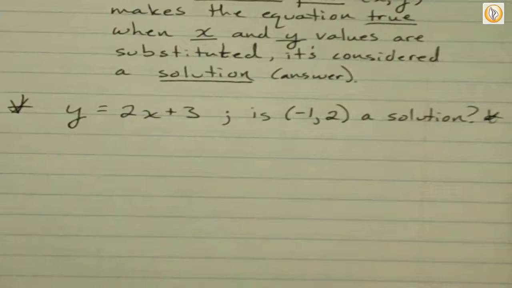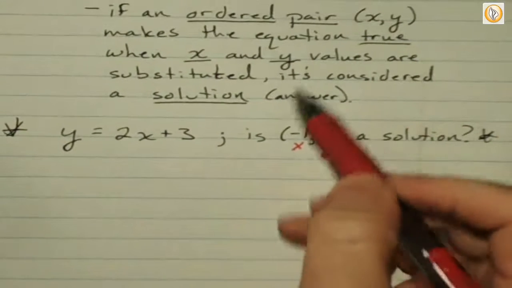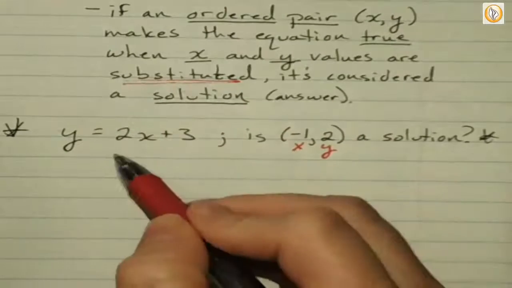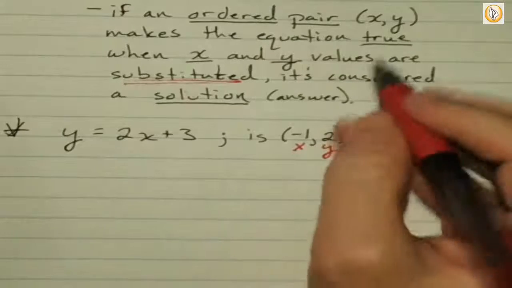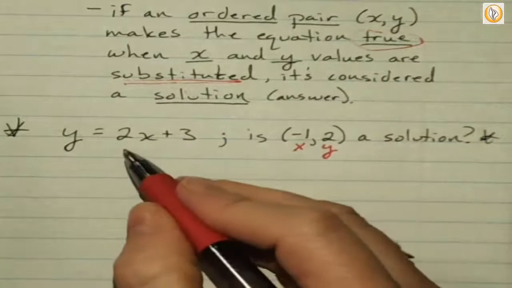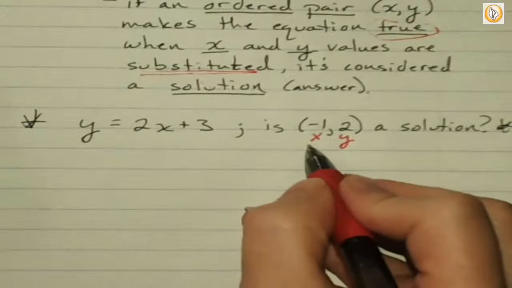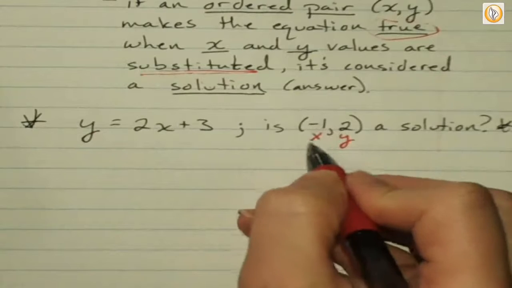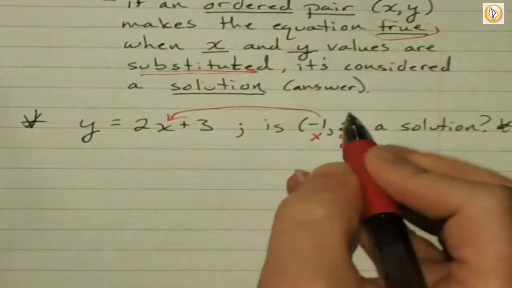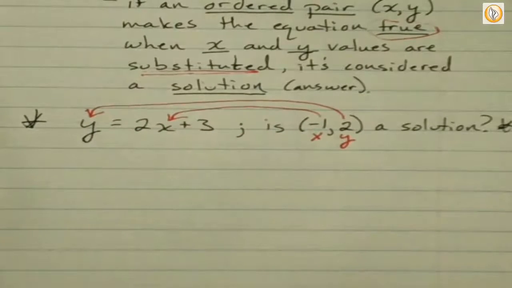So what we do, here's your x, here's your y. We're going to substitute the x and y values to see if it's a solution. We're going to see if it's true. So we're going to substitute this -1 into the x and this 2 into that y.